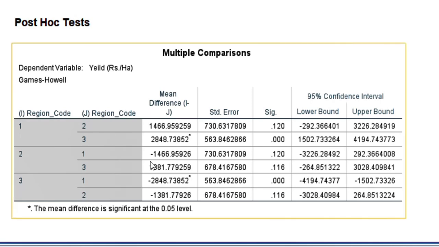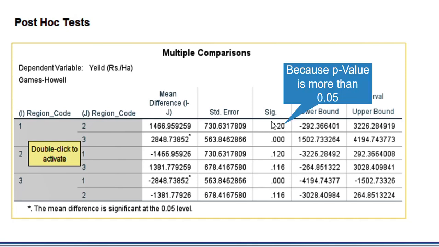Now the interpretation. The difference in wheat crop yield in rupees per hectare between crop region 1, the wheat-rice region, and crop region 2, the wheat-cotton region, is not statistically significant because the p-value is more than 0.05.